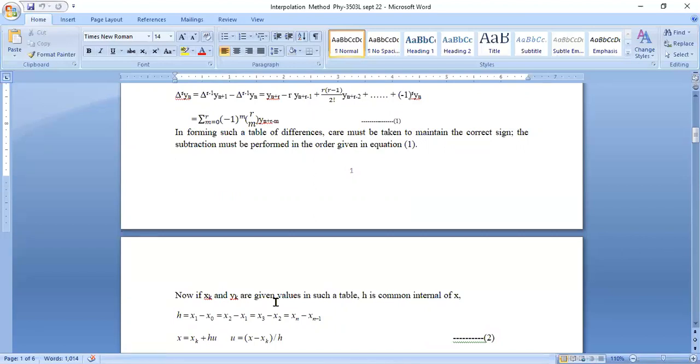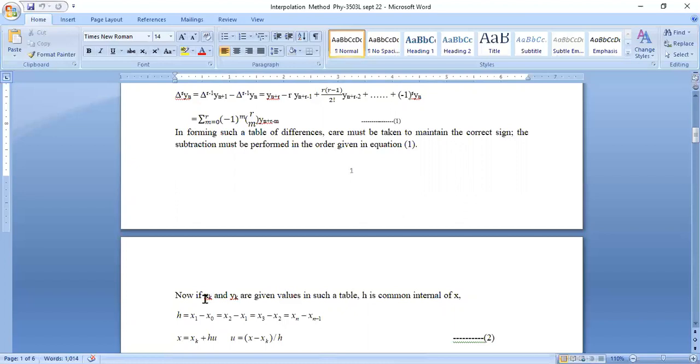So xk is the value which is very close to the value of x for which you want to go for interpolation. And yk is the corresponding value of y, because y is a function of x. So for the corresponding xk, you can find the value of yk from the table.